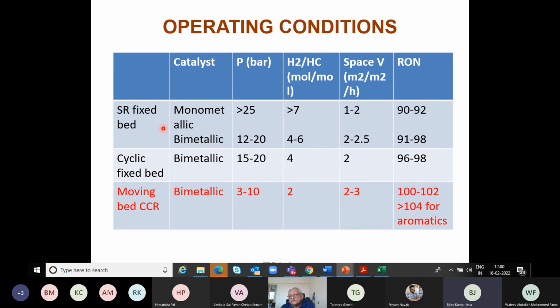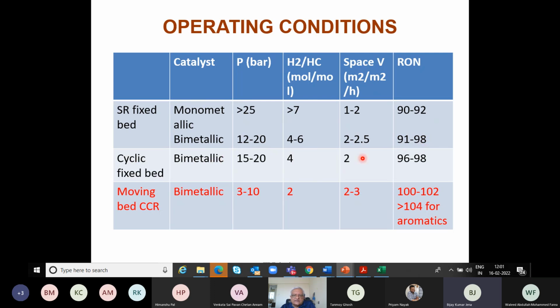Initially, as you know, the pressures were 70 bar, but today, if you build a semi-regenerative reforming reactor, it will be something like 15 bar. We don't go below that, otherwise the coking goes up. The hydrogen to hydrocarbon ratio is reasonably high, around 4 to 6. The space velocities are kept around 2 to 2.5, relatively high, and the octane you get is low, 91 to 98.